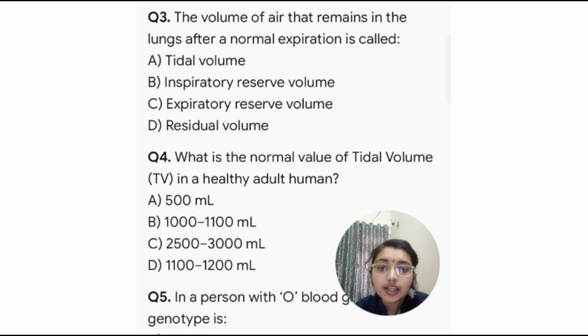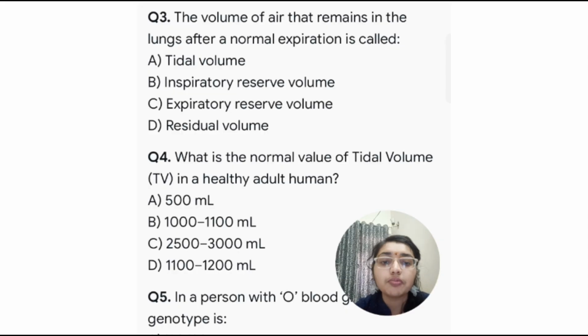So the answer is residual volume, because it is the volume of air that remains in the lungs after we normally expire. Expiration means taking out the breath. So the amount of air that is remaining in the lungs after normal expiration, that is the residual volume.